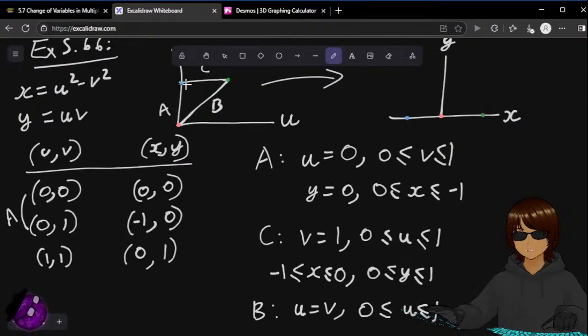For side A, y is at 0, x goes from 0 to -1. For side C, y goes from 0 to 1. However, x goes from -1 to 0.